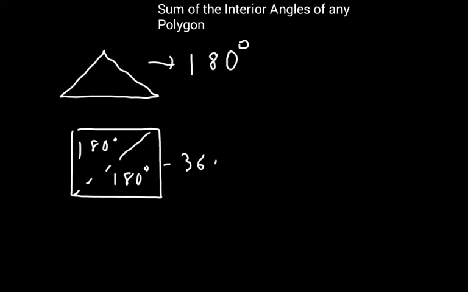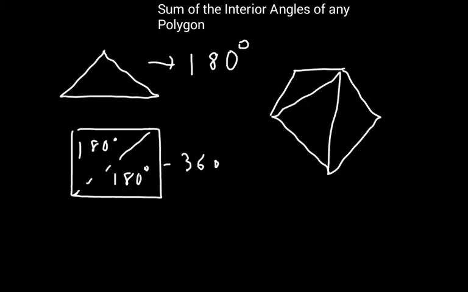So 4 sides, 360. 3 sides, 180. 5 sides. And these don't have to be regular figures, meaning regular figures have every side the same length and every angle the same size. But how many triangles can I make out of a pentagon?